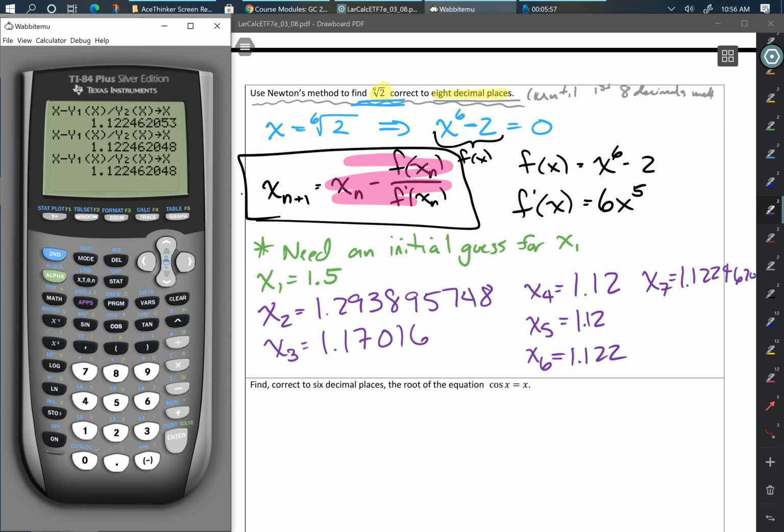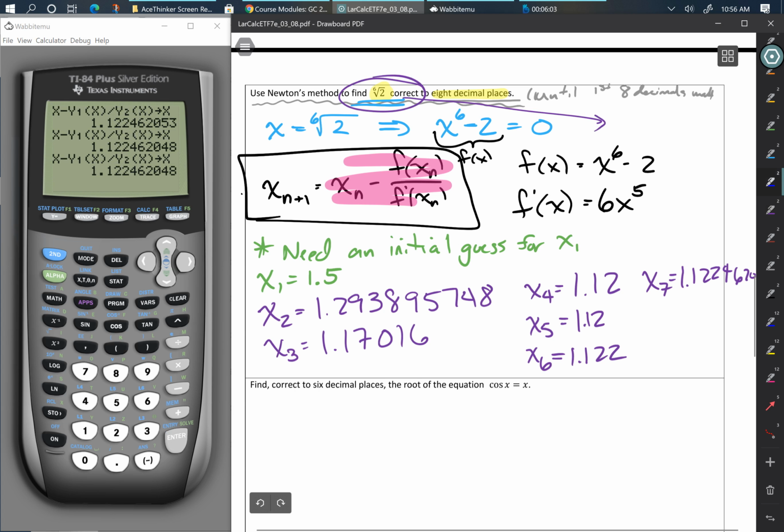And so the 6th root of 2 accurate to 8 decimal places is 1.1224, that's 1, 2, 3, 4, 5, 6, 7, and I'll round that to a 5, 8. And there's 8 decimal places of accuracy.